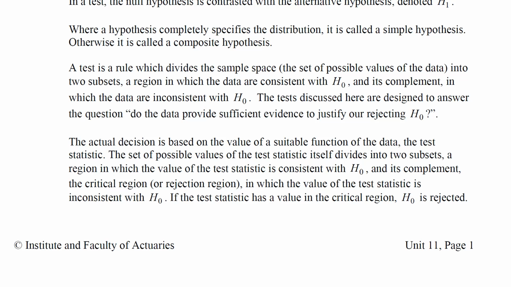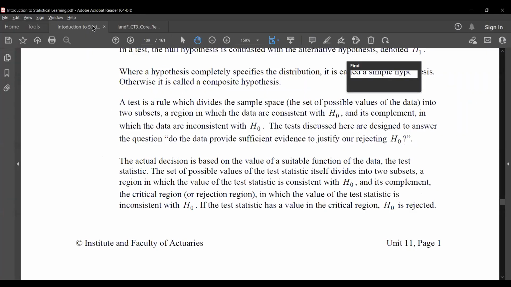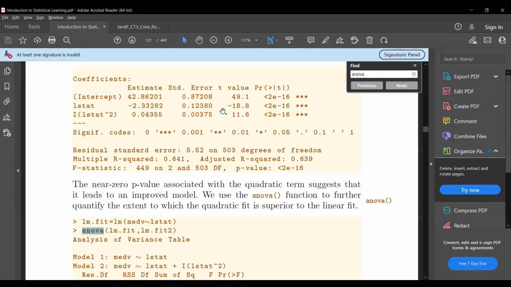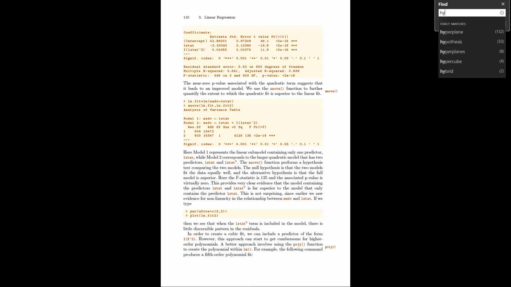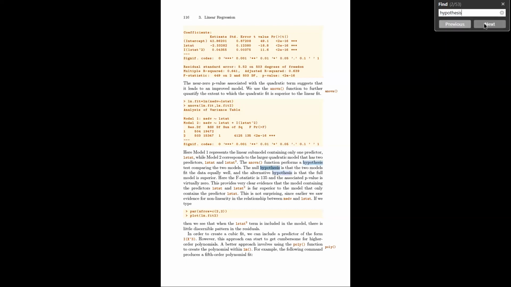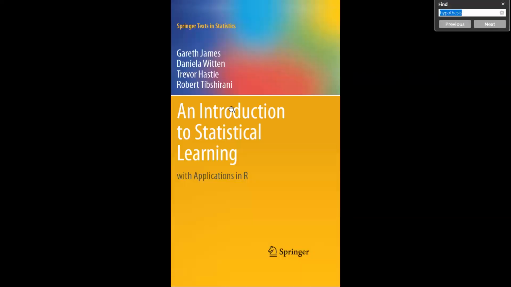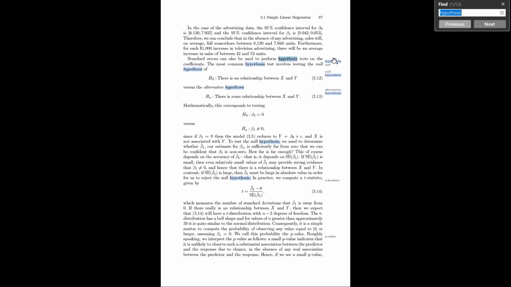Meaning, when we're hypothesis testing, and just to get an idea of hypothesis testing, let's go back to the very first time that this book mentions hypothesis testing. If we're going to do that, probably a good idea to first go to the first page and then search hypothesis.